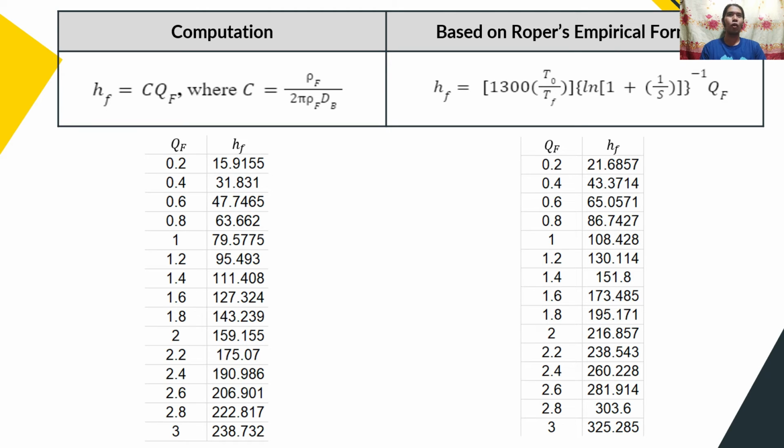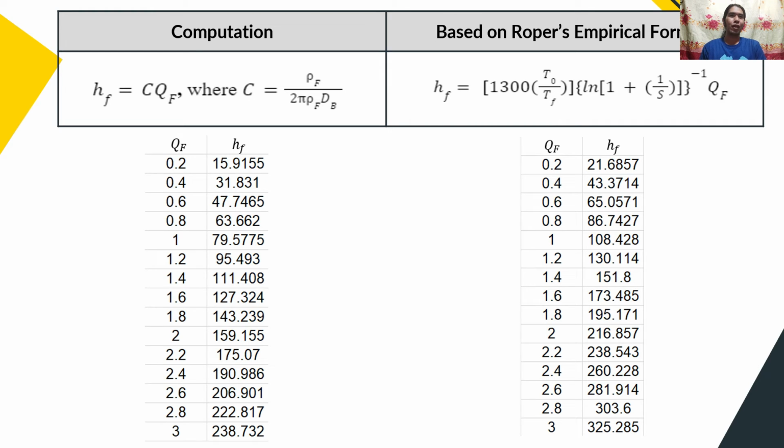All of that is raised to -1, so it becomes the denominator of the equation, times the Q sub F, or the volumetric flow rate of the fuel.